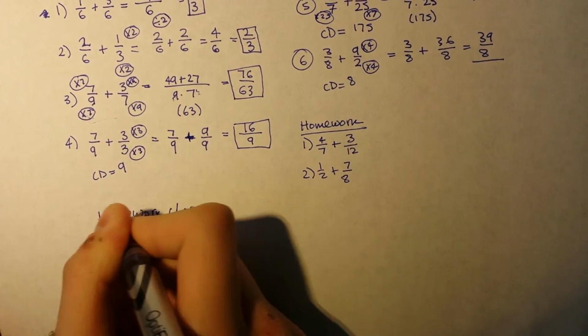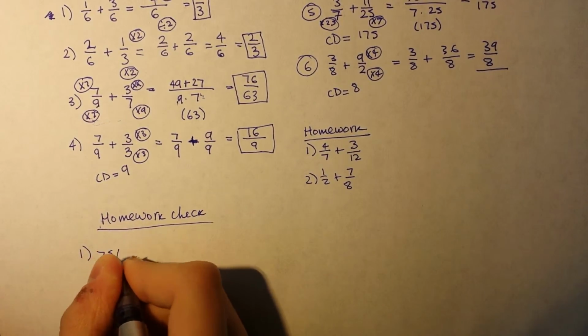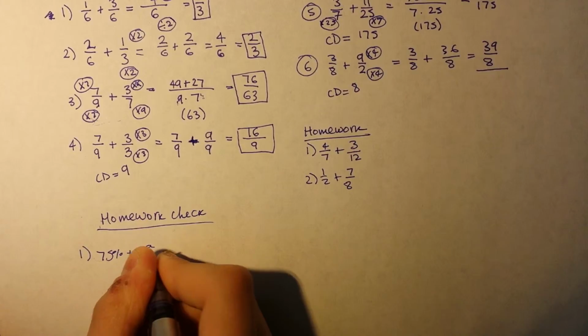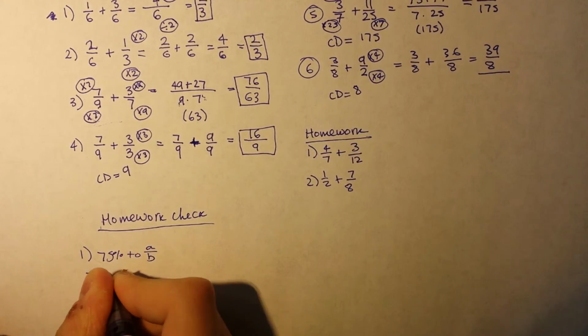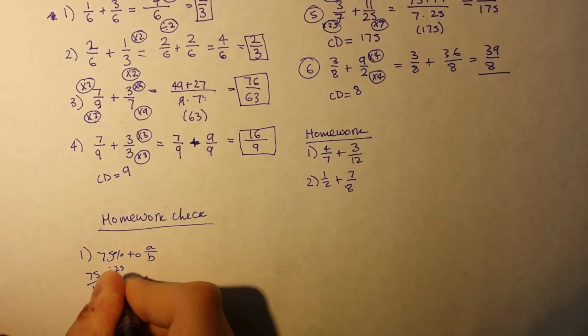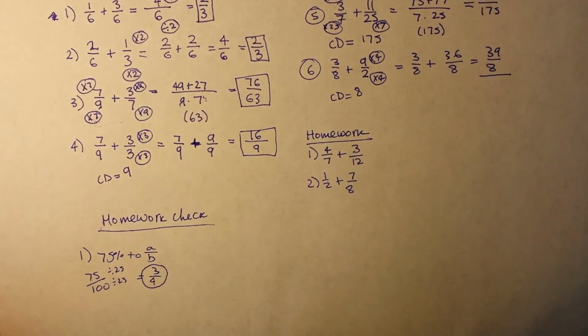this will be quick. For homework check, 1 was 75% to fraction. So 75% is 75 per 100. Divide both by 25 equals 3 over 4. This is our simplified answer.